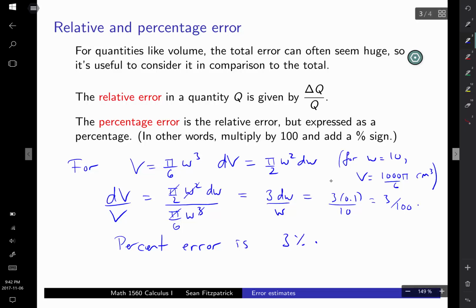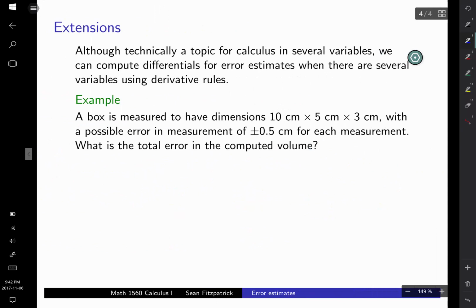Now, the only other thing I'll mention in this context is that there are some extensions you can do. Maybe this is something you could consider calculus in several variables, but you can play some of these games just using things like the product rule. So think about the volume of a box. Volume is given by the length times the width times the height.